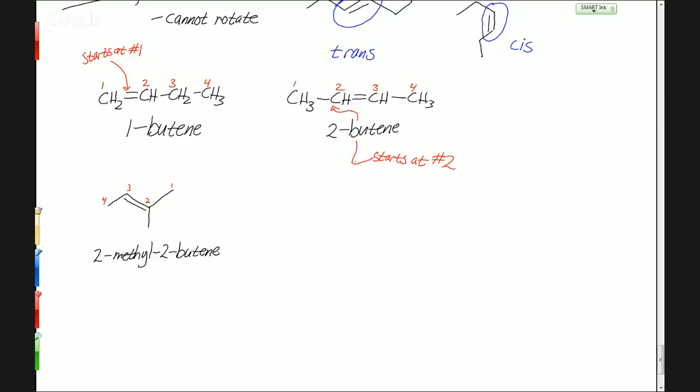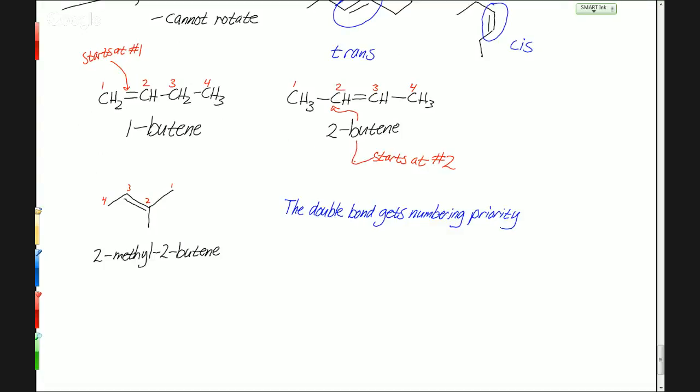Now, something that hasn't come up in our examples yet is that when you're naming, the double bond gets the numbering priority.